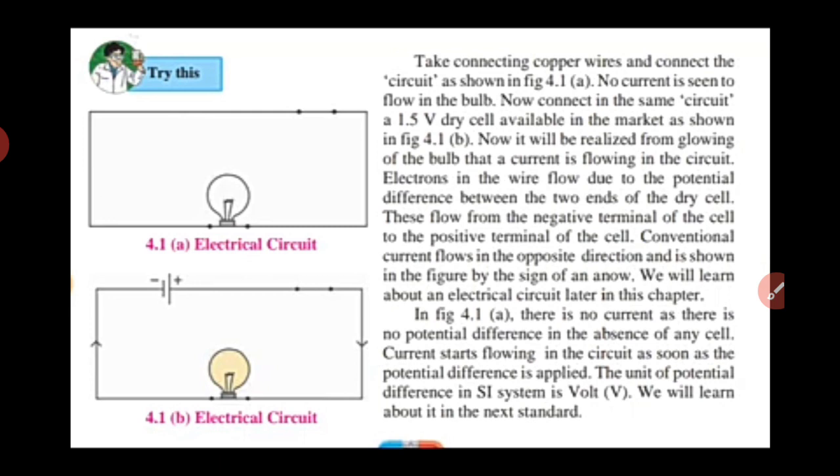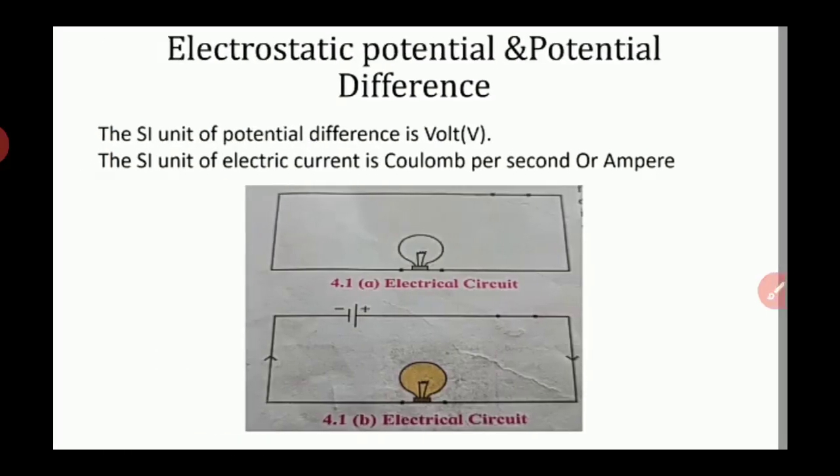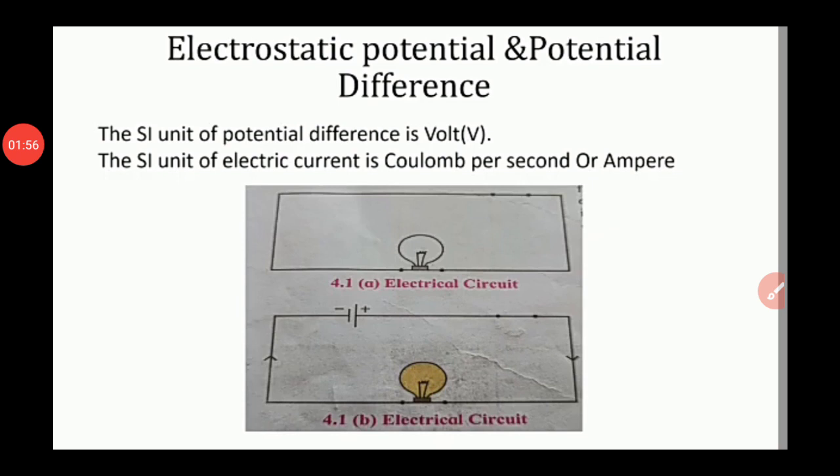So here we see the definition of the potential difference. What is the electrostatic potential and potential difference? We saw this in the last lecture. Potential difference is the difference between the potentials of 2 points in the electric circuit.